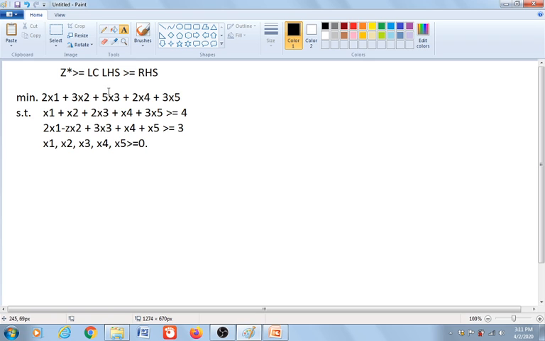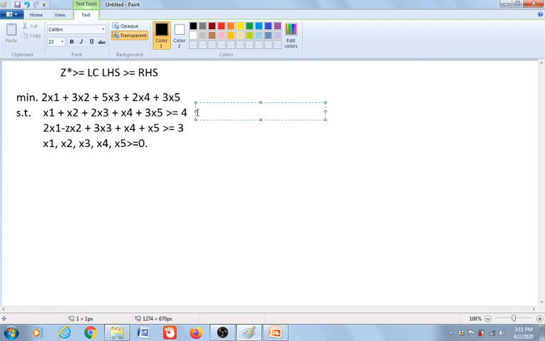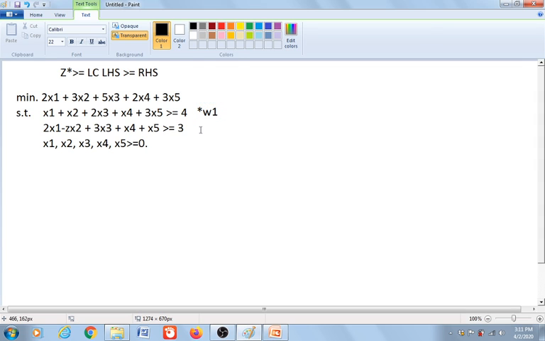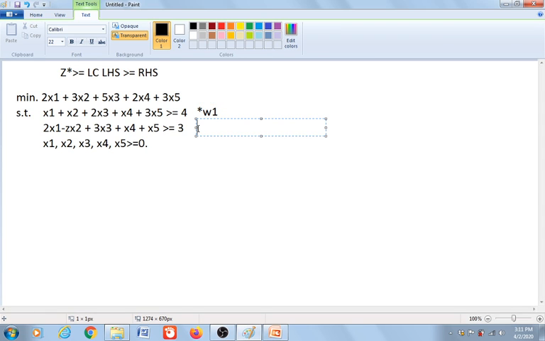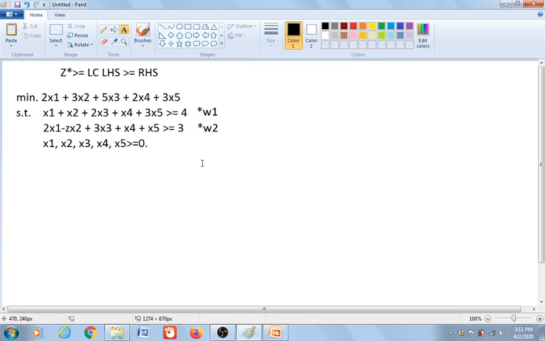So the first thing that I will do is multiply the first constraint with w1, and the second constraint with w2. Now see that the left hand side is bigger than or equal to the right hand side for the first constraint, so it follows the weak duality theorem.